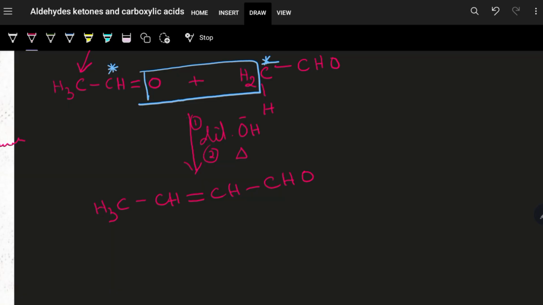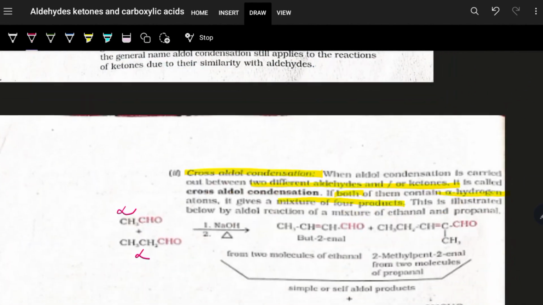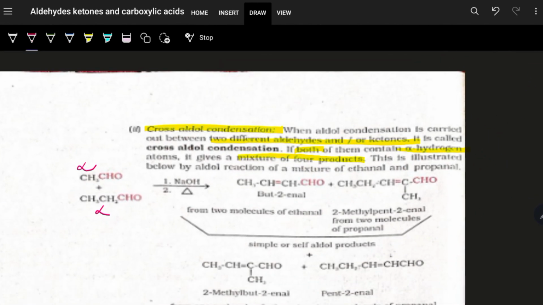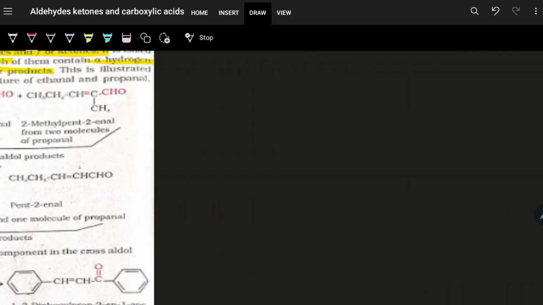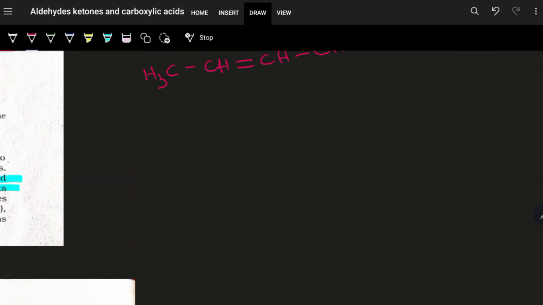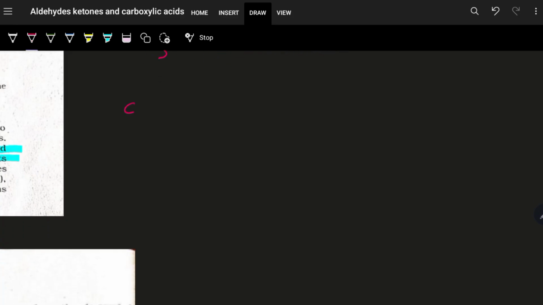Next example. Now next example in cross aldol, if anyone is telling you to draw the structures of the products, say cross aldol, 2 different compounds are there. Let me say one is CH3CHO and the other is CH3C double bonded O CH3.